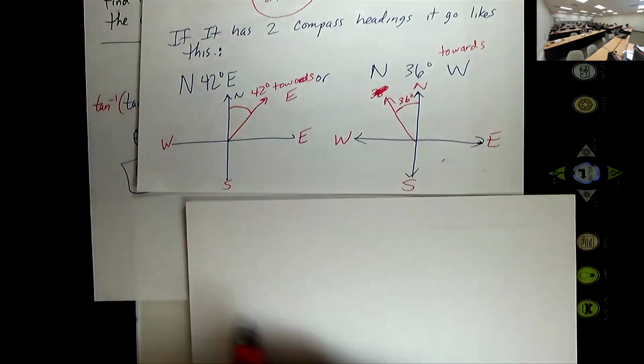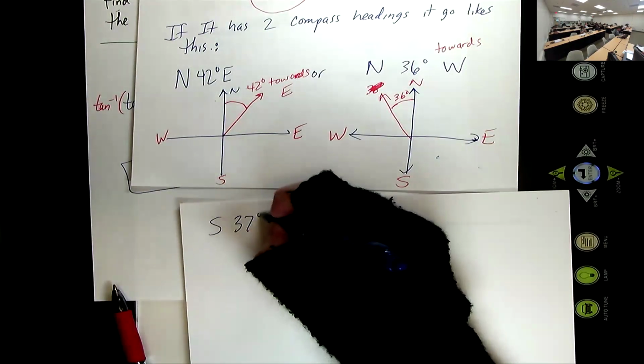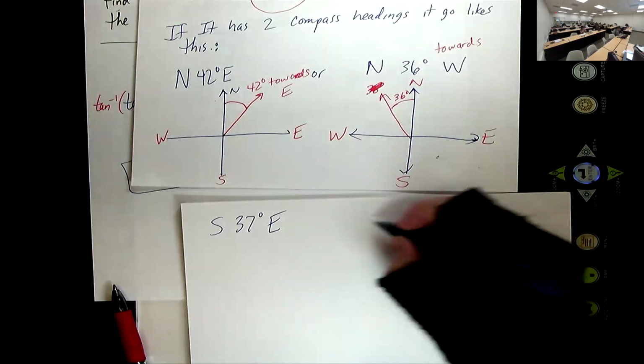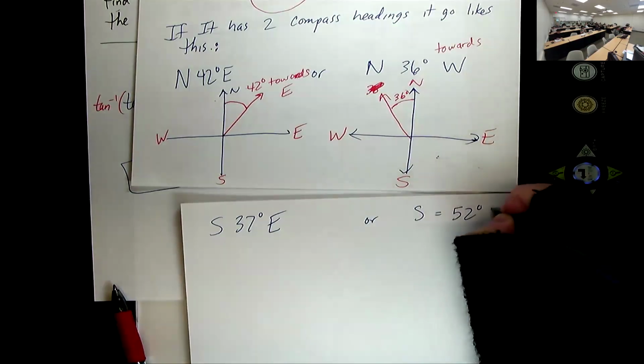Then we have two more options. We could have south 37 degrees east, or south 52 degrees west.